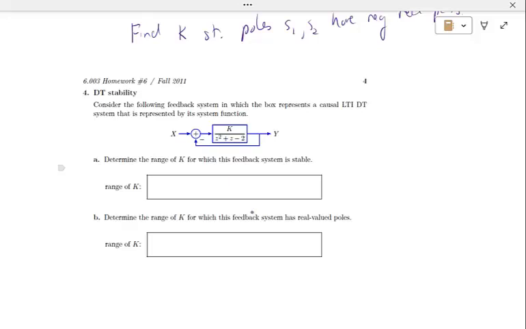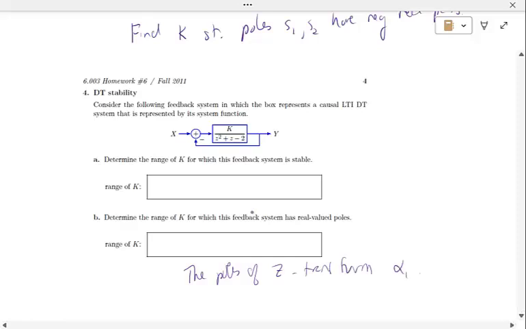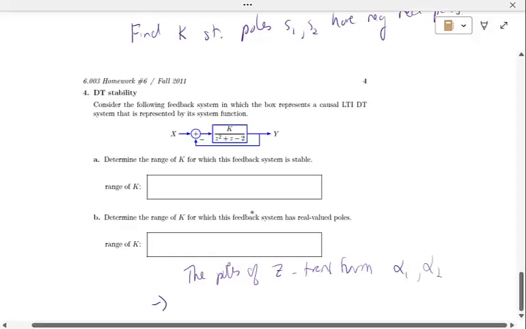Now, this next one for discrete time stability is very, very similar. We remember that in this case, the poles of the Z transform, let's call them alpha 1 and alpha 2, will give you, again, the system response, the impulse response, which will be some constant A times alpha 1 to the nth power plus B times alpha 2 to the nth power.